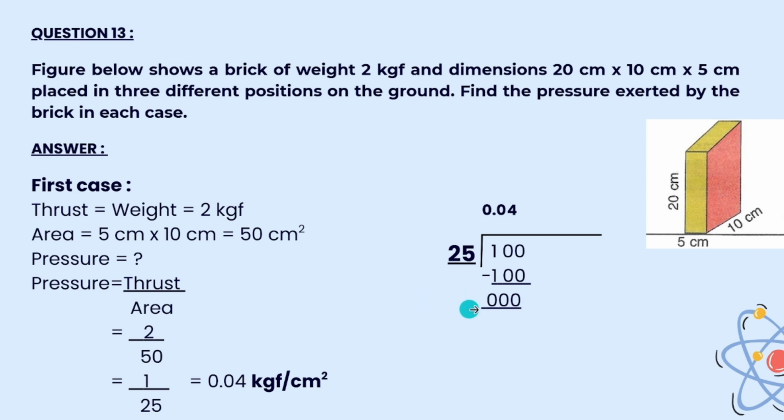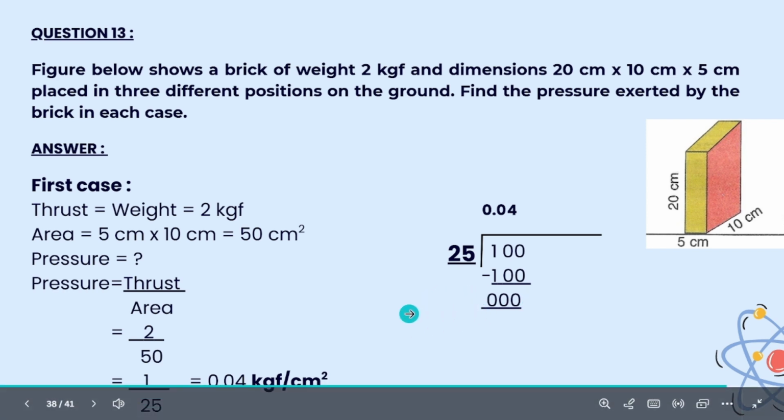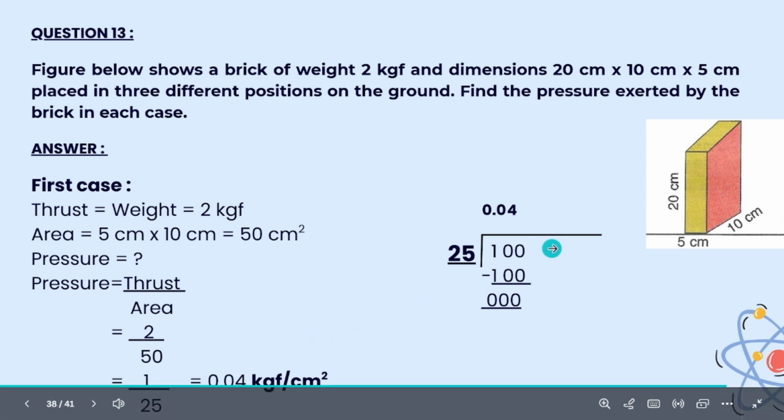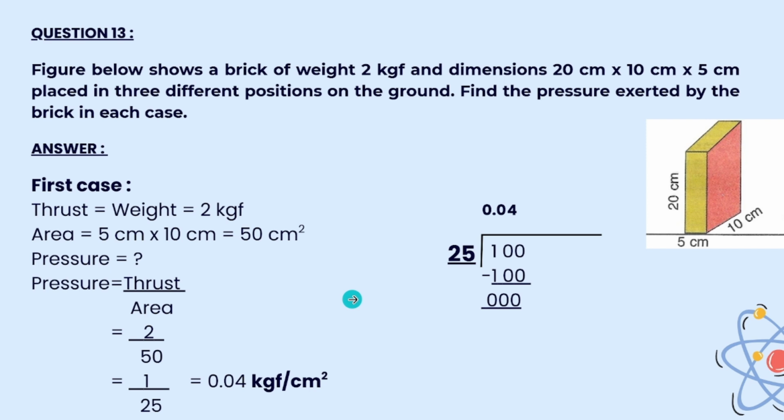Understood? Very simple division. If you are just writing 1 by 25 equal to 25, then it is the silliest mistake you are doing here. And 0.04, you cannot end the answer here. You have to write the unit, very important, that is kgf per square centimeter. Understood?